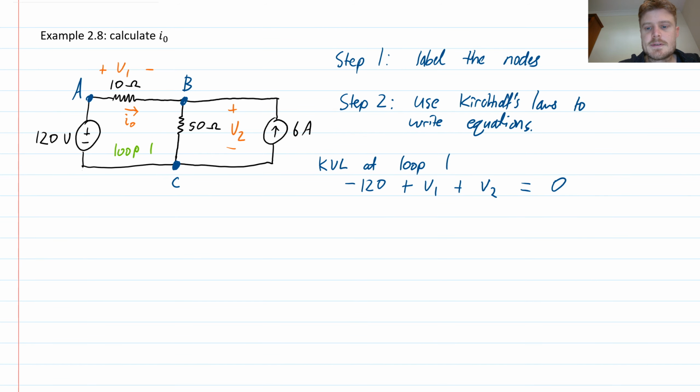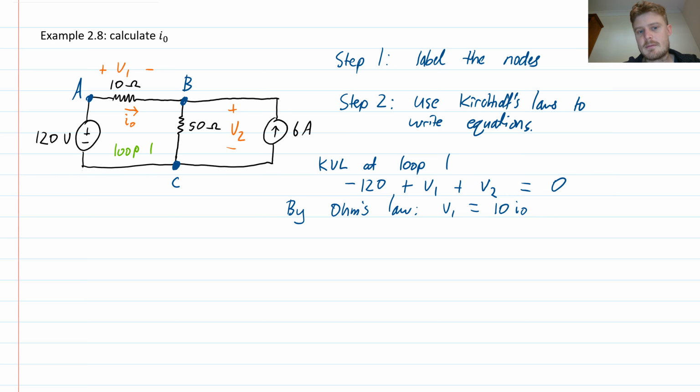Now I can use Ohm's law to get this in terms of I0, because that's what I'm really trying to solve. By Ohm's law, V1 is equal to 10 times I0.